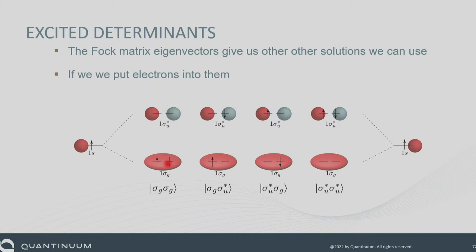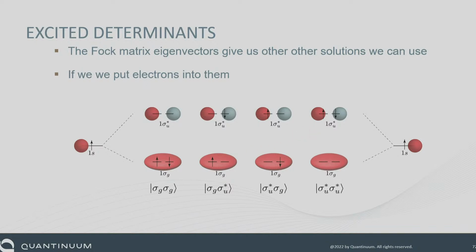So we've got sigma bonding G, and here sigma bonding G multiplied by sigma star U, antibonding, and so on: bonding, antibonding, and 2 antibondings.